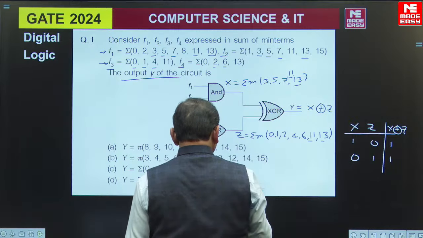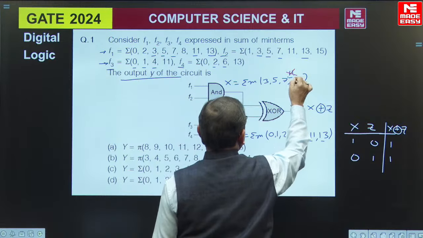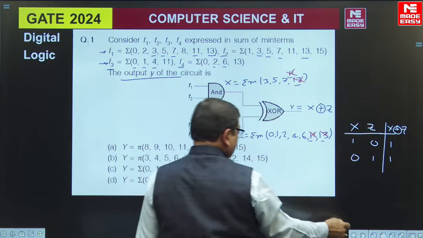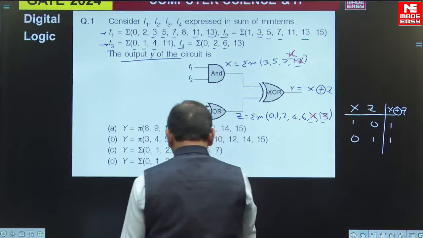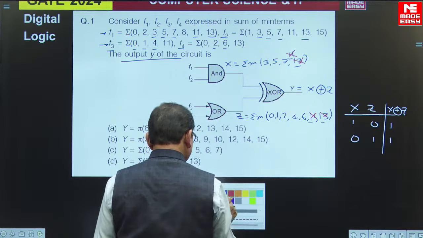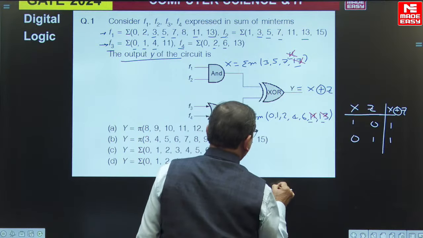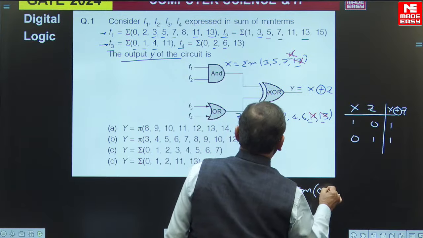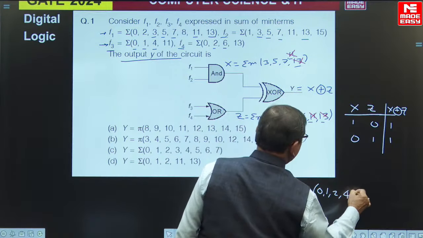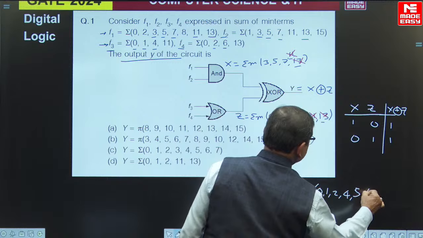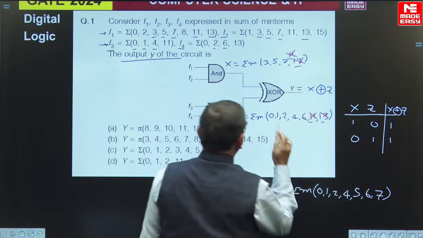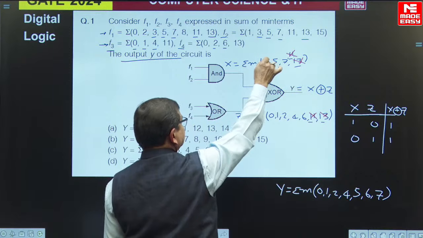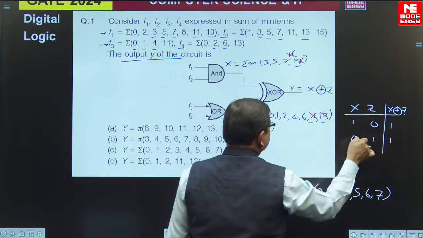Based on this, 11 and 13 are not present in Y. And for the remaining, Y will have the minterms 0, 1, 2, 4, 5, 6 and 7. For example, 2 is a minterm in Z and a maxterm in X, so they differ and the output is 1.